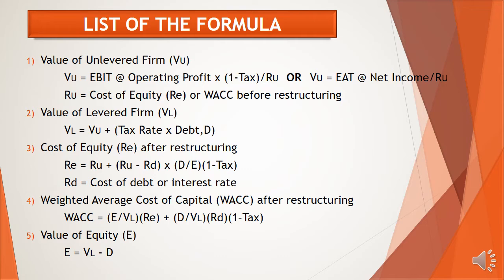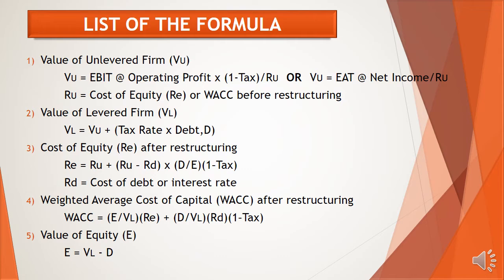VU equals EBIT, which is earnings before interest and tax or operating profit, times 1 minus tax, divided by RU, or the other formula is equal to EAT, which is earnings after tax or net income, divided by RU. So what is RU? RU represents the cost of equity or cost of capital, which is WACC before restructuring, or the cost of equity or WACC for an unlevered firm.